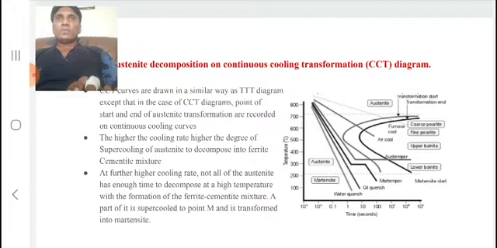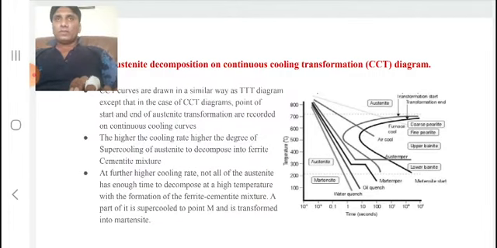In isothermal transformation, the entire austenite gets converted into the required microstructure. Whereas in continuous cooling transformation, there will be a chance of having retained austenite.